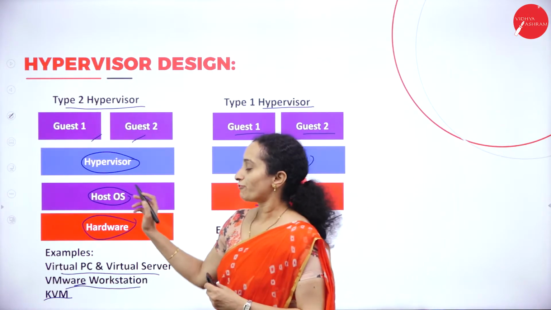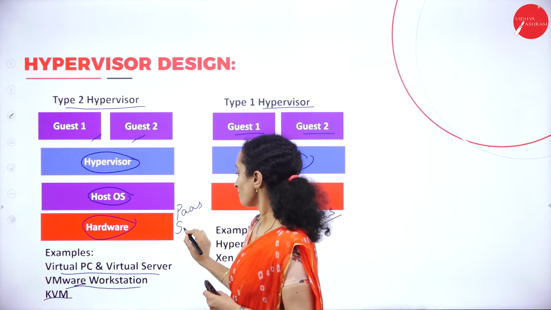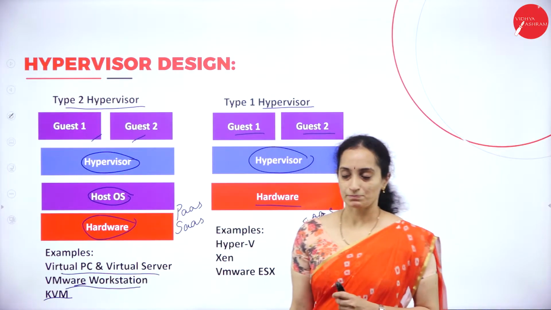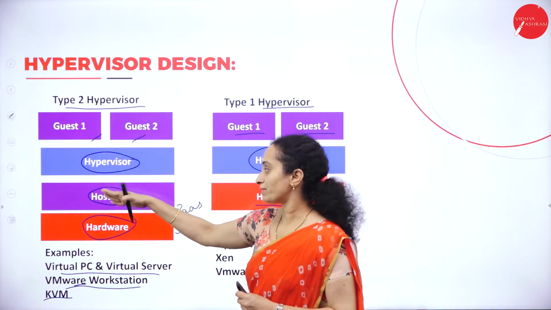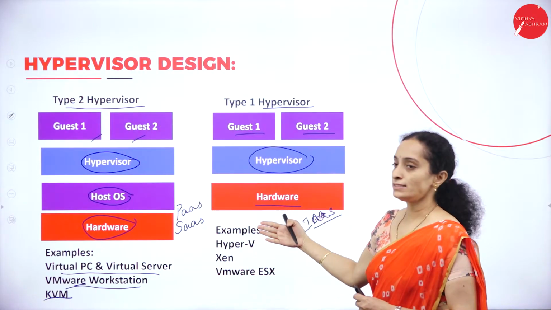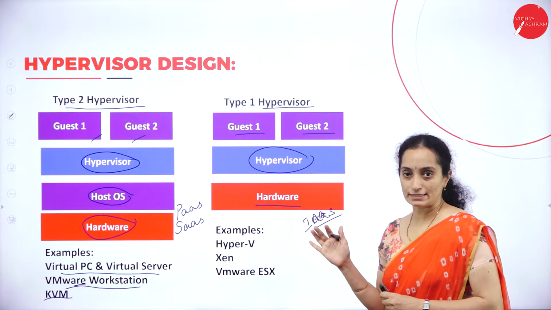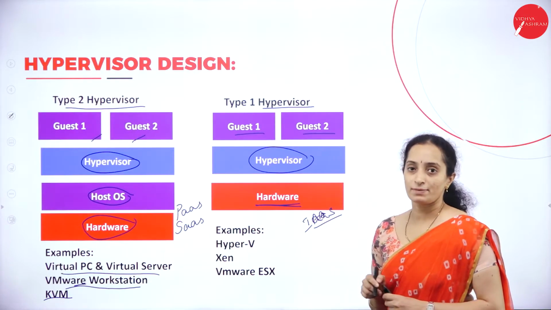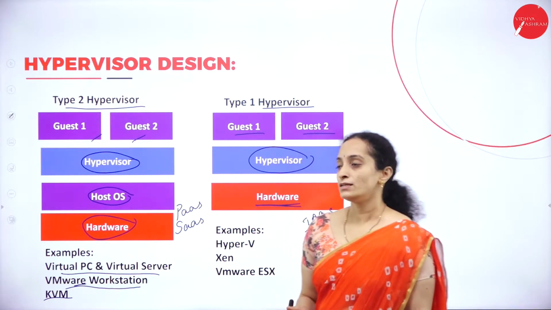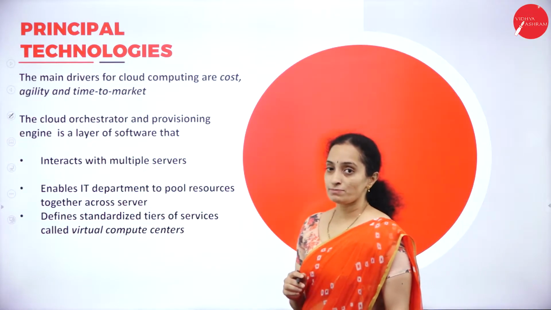Here, if you have PaaS and SaaS, you will have a host operating system. The hypervisor has to interact between the host operating system, hardware as well as guest servers. Whereas in the other type where IaaS is involved, you don't have the operating system. The hypervisor will interact directly between hardware and the guest servers. The hypervisor is an intermediate layer.